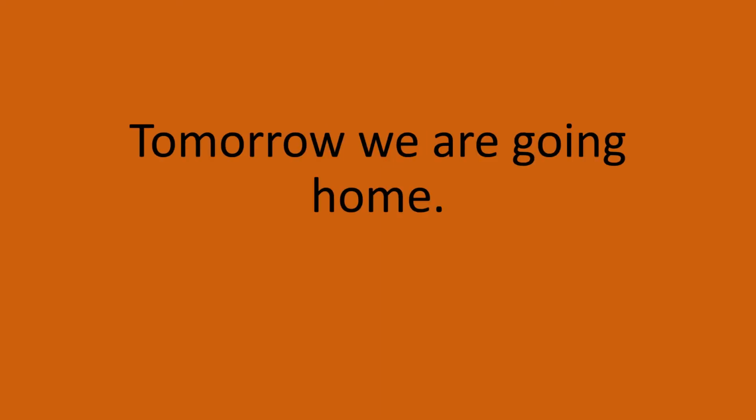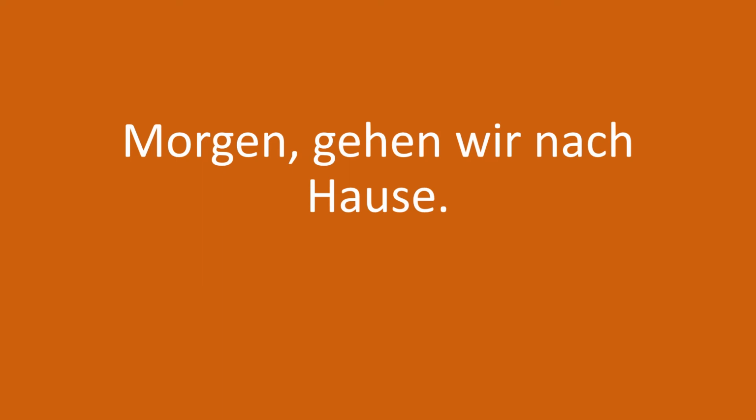Now we're going to leave the past for a moment and look to the future. The word for tomorrow is morgen. The word tomorrow acts just as today and yesterday in that it changes the order of the first two words. So, to say tomorrow we are going home, we would say morgen gehen wir nach Hause.